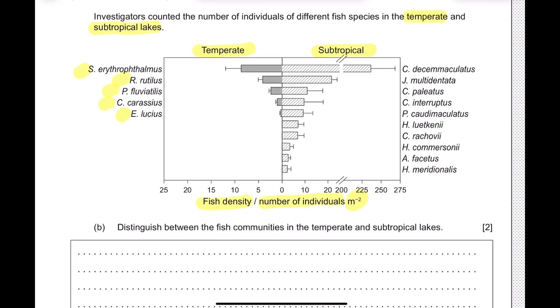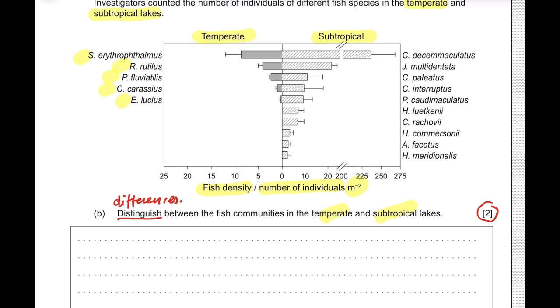Okay, distinguish between fish communities in the temperate and subtropic level, which is an easy question because distinguish is just differences. And by now you should know how many differences you have to give, only 2, because it is a 2 mark question. So you can look at the fish density is always more in subtropic and less in temperate, which can be 1 point.